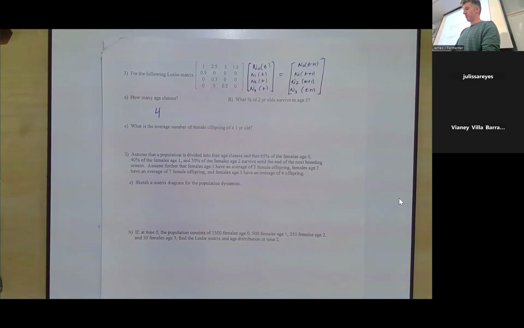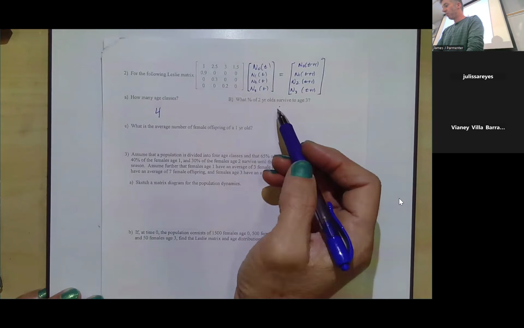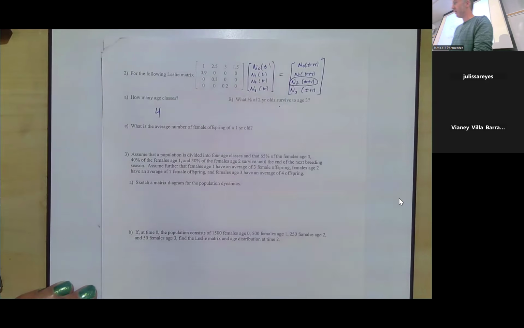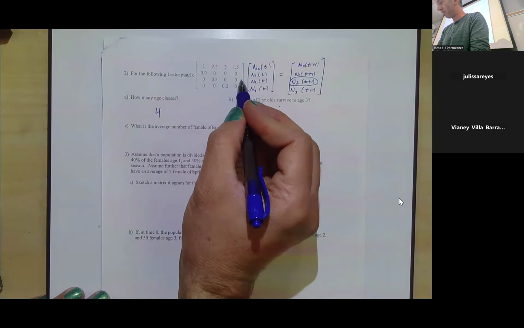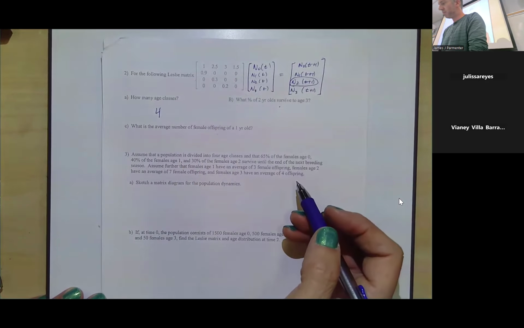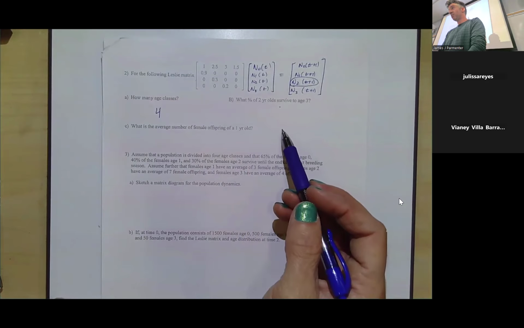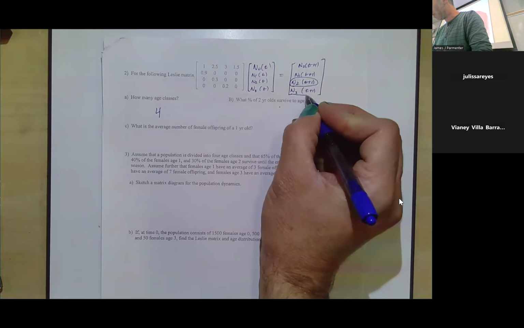And then the question that's a little more interesting: what percentage of 2-year-olds survive to age 3? Well, we're trying to look at what ends up right here. So what percentage of 2-year-olds survive to age 3? I want to figure out what ends up here: how many 3-year-olds there are next year, not how many 2-year-olds there are next year.